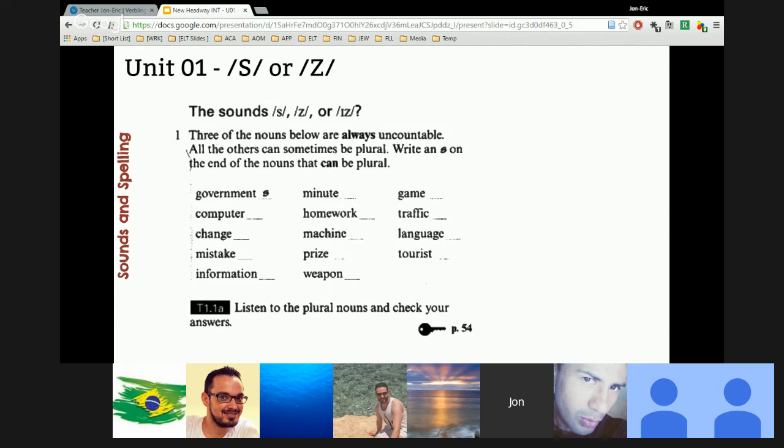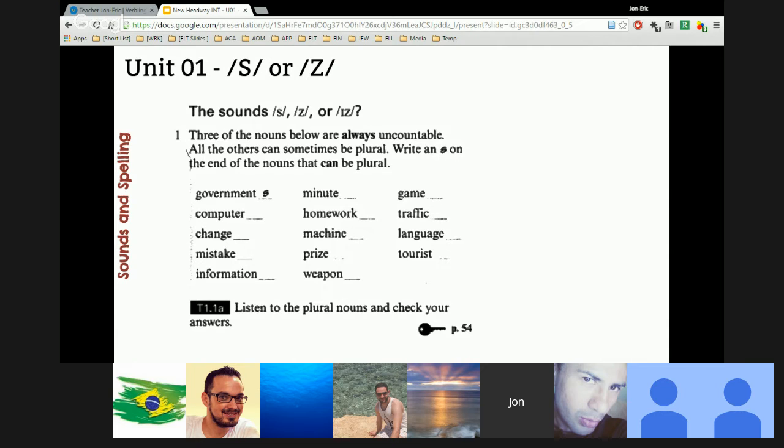The first word in the third column is game. What's the ending? Games is countable. With a Z or an S? Game or games?